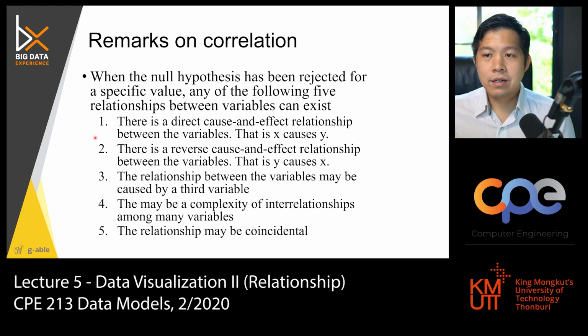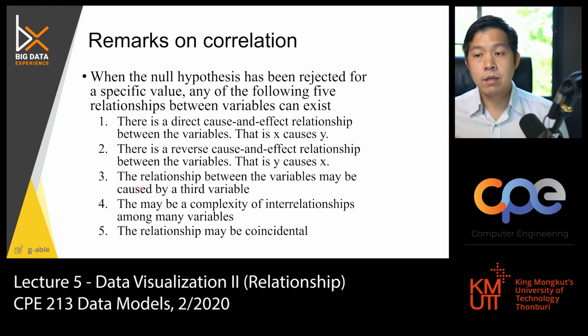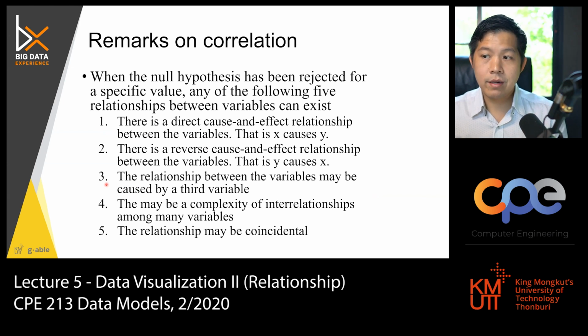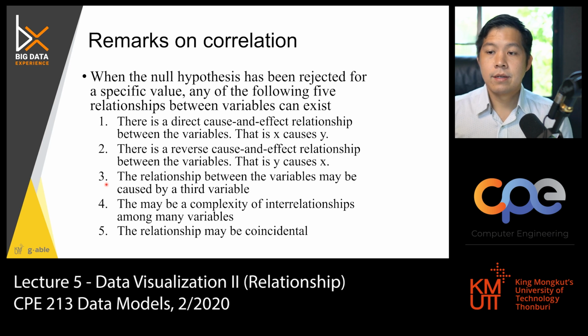So there might be a cause-effect between x and y, or a reverse cause-effect between y and x. Or there might be a third variable that is related to both and causes both to change.